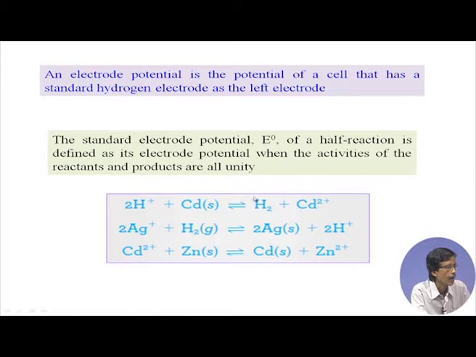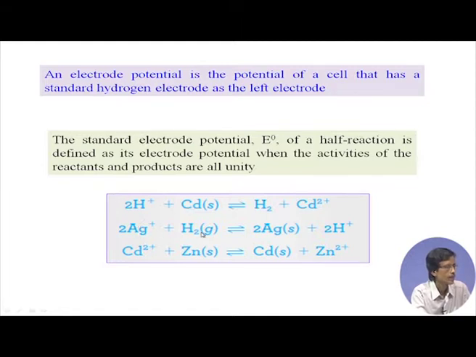So, until we reach the equilibrium concentration, the reaction proceeds. When equilibrium is reached, H2 can further react with cadmium 2 plus, producing back cadmium solid and the hydrogen ion, but that is not happening when it is away from the equilibrium situation.